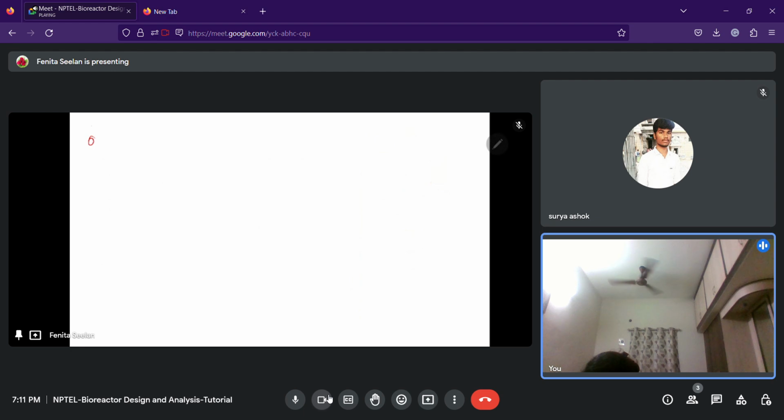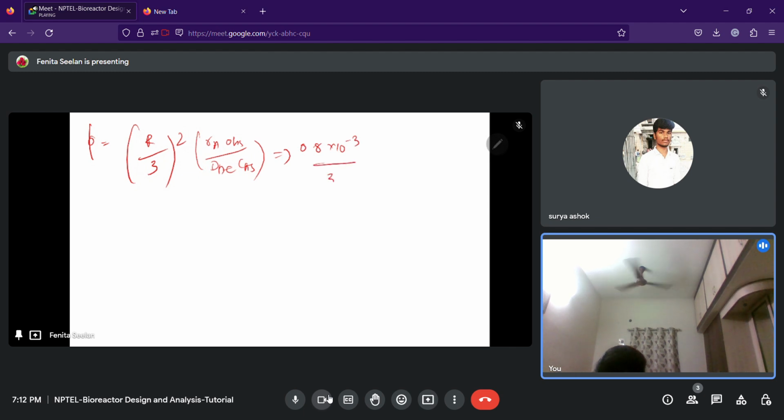If we calculate our Thiele modulus for spherical geometry, it is R by 3, the whole square, times the observed rate divided by D into CAS. That is 0.8 into 10 power minus 3 divided by 3, the whole square. The rate was given as 1.25 into 10 power minus 3, divided by 1.3 into 10 power minus 11 into 0.85. Please solve this.